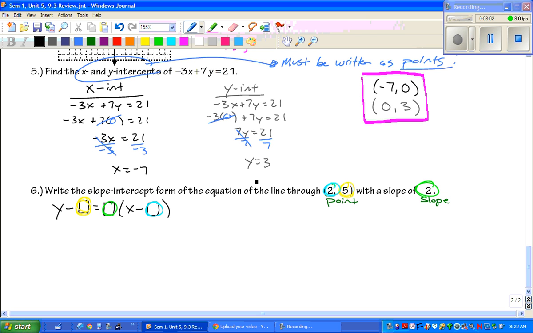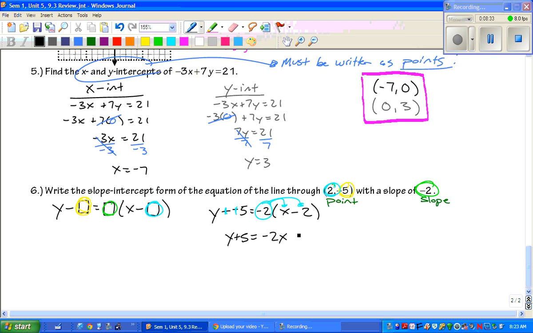Okay, so we have y minus negative 5 equals negative 2 times x minus 2. So we can do some cleanup right here, which gives us y plus 5 equals, we have to distribute the negative 2 to both things inside the parentheses.